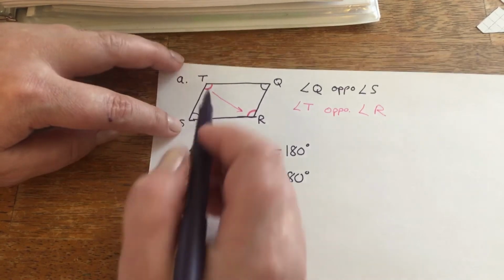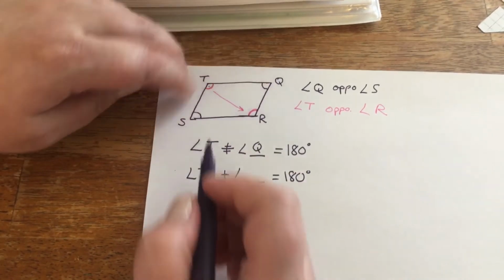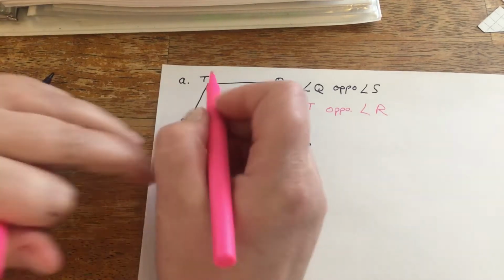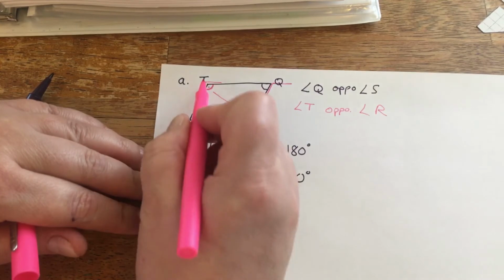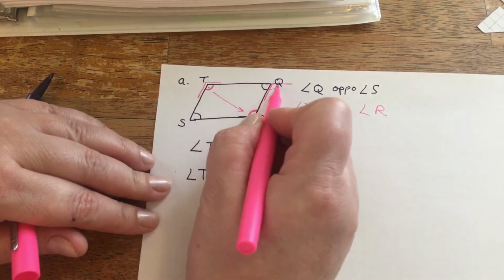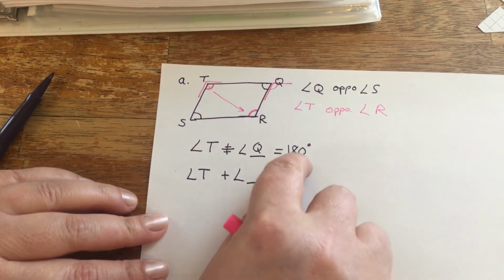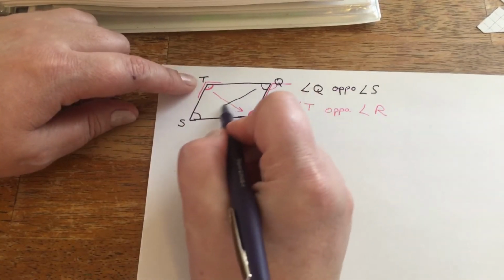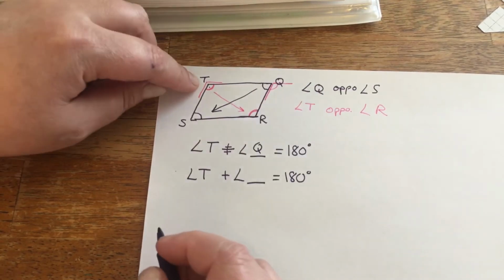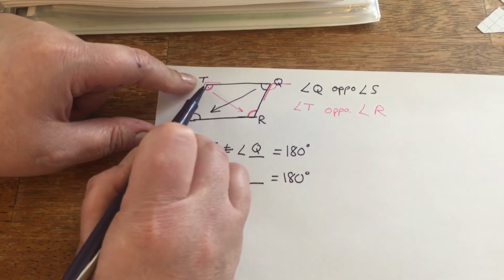So angle T plus angle Q, because imagine this angle right here, and you're moving it to right here, right? This angle is the same as this angle. So this angle plus this angle equals 180 degrees. But since these are the same and these are the same, then angle R is the same as angle T.